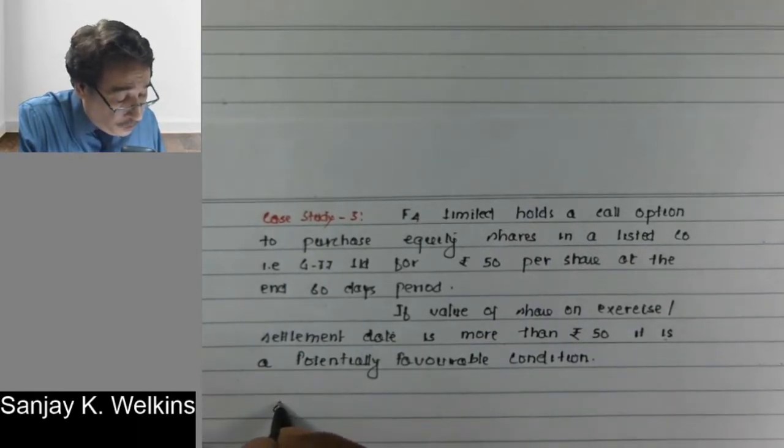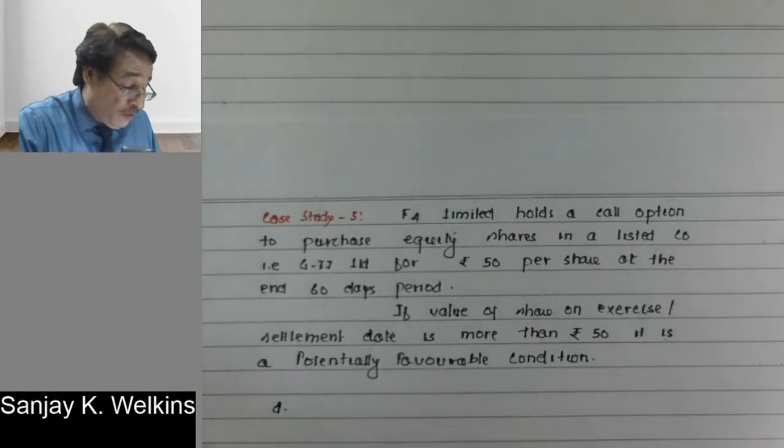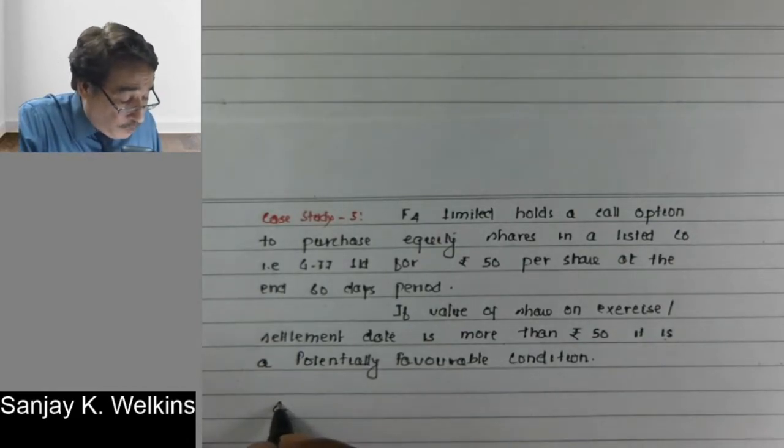Cash, we have seen. Equity instruments, we have seen. Contractual rights, we have seen. Isn't it?